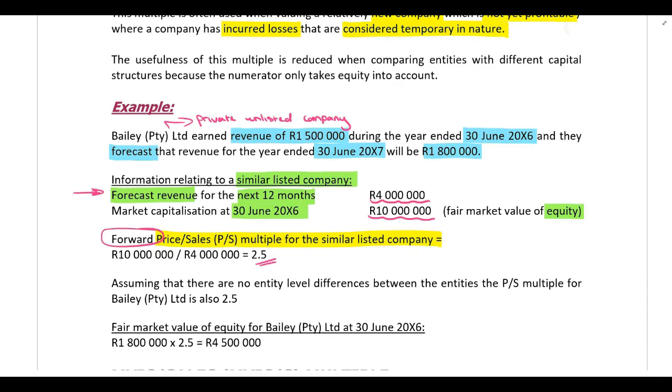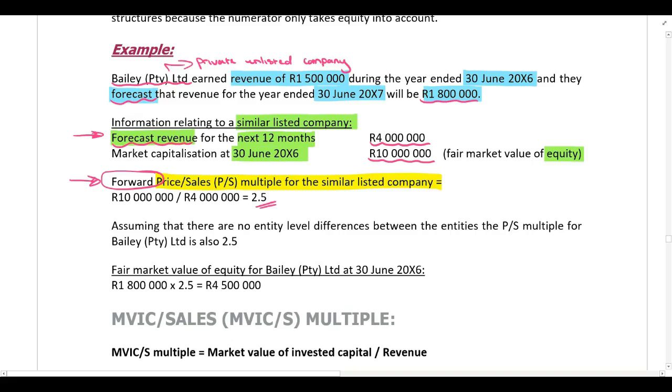And when performing valuations using multiples, being consistent is very important. So if the multiple is a forward multiple based on forecast revenue, when I'm trying to calculate the value for Bailey Pty Limited, I'm not going to use their revenue for the current year, but instead I'm going to use their forecast revenue for the next year.